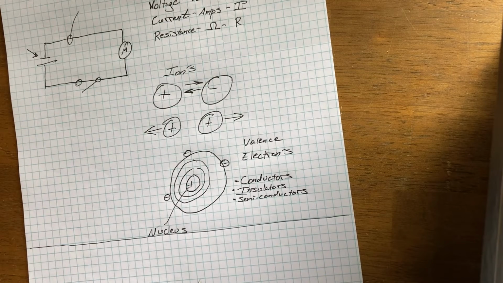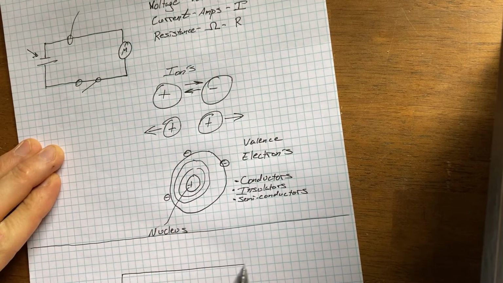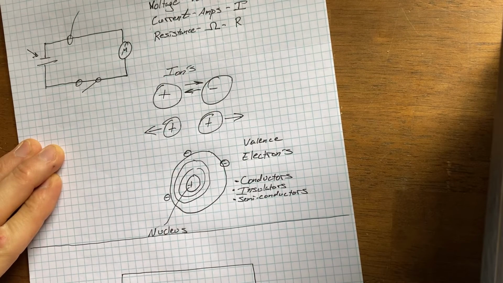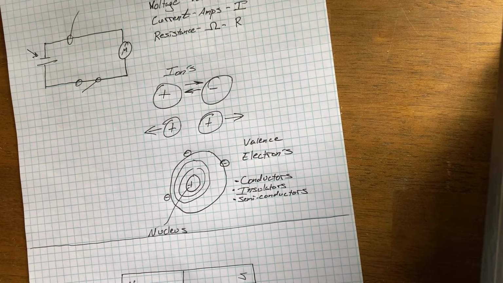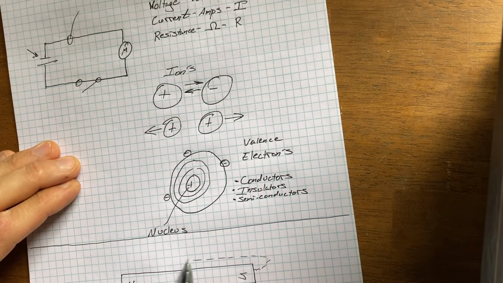And now we're going to talk about magnetism a little bit. So I'm sure most people have probably messed around with a magnet and understand that there's a north and a south. So I'm just drawing a simple bar magnet here. Whenever you have a magnet, you have a magnetic field around that magnet.